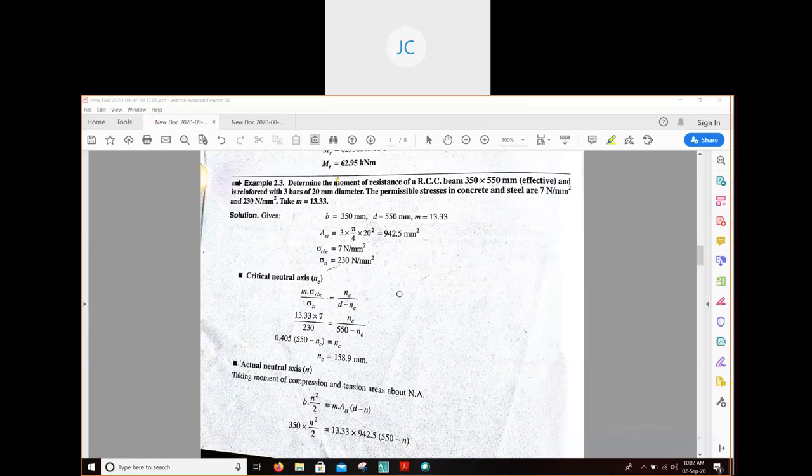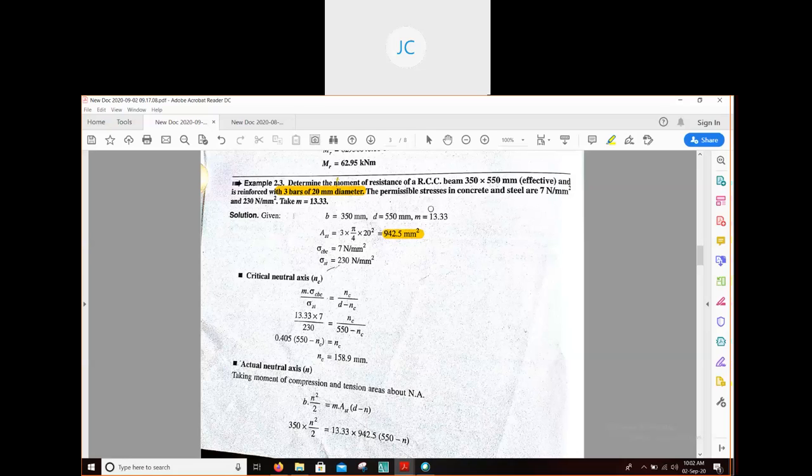I hope all of you understand this one. B is given as 350, D as 550 millimeter. Effective means effective depth, small d, is given. M is given as 13.33. AST you have to find out as 3 into pi by 4 d square, because we are using 3 bars of 20 mm diameter. So area of steel will be 3 into pi by 4 d square. So this is the value of AST.